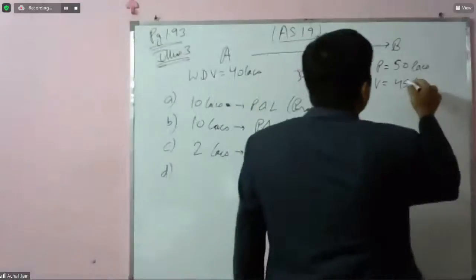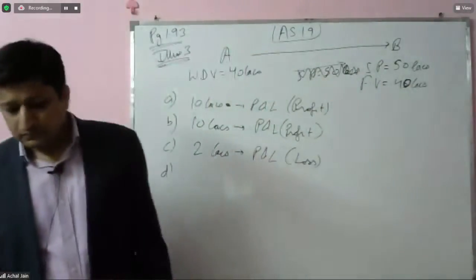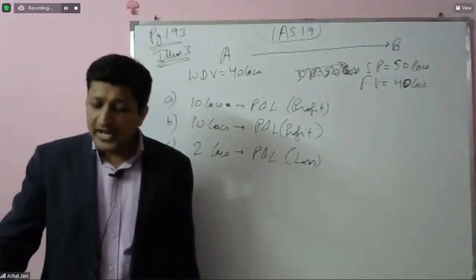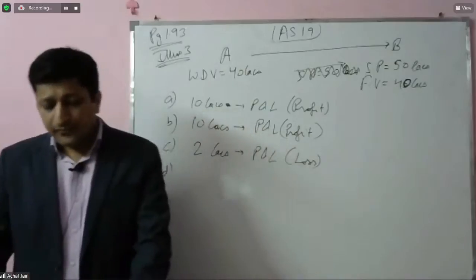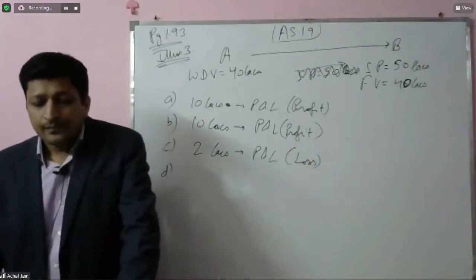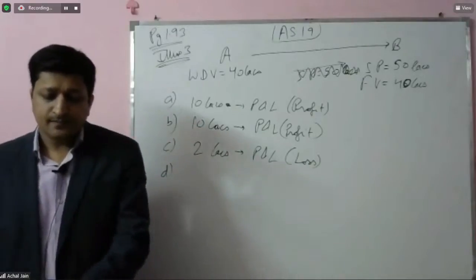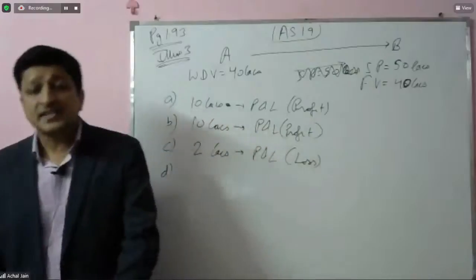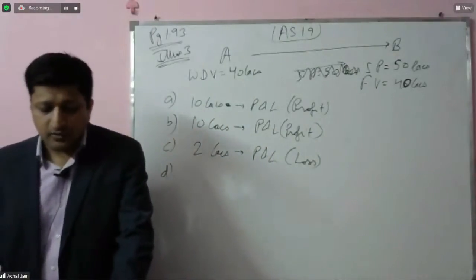What's the fair value? 40 lakhs. So whenever we have the sale price higher than the fair value, what do we do? Excess over fair value should be deferred and amortized over the period.